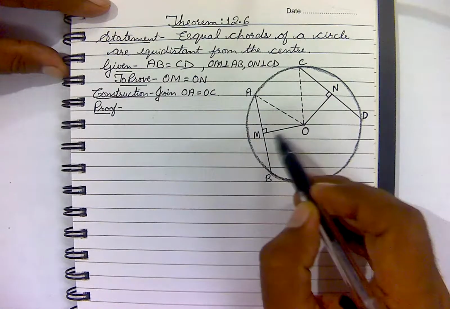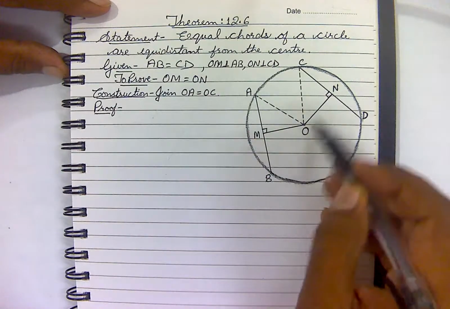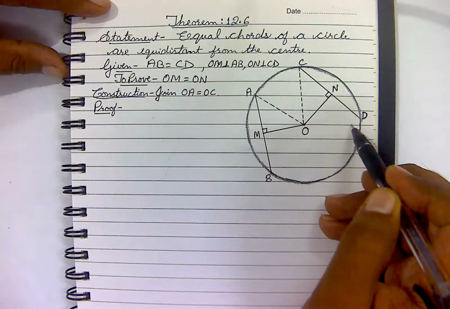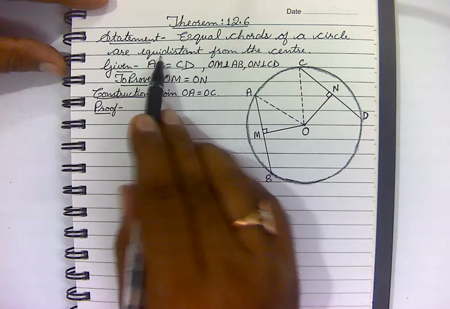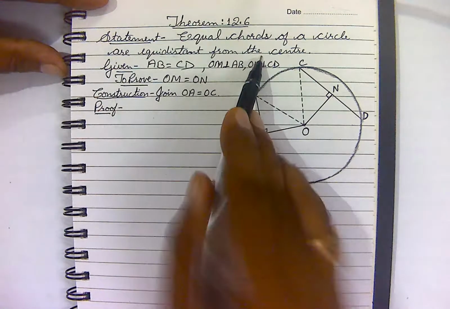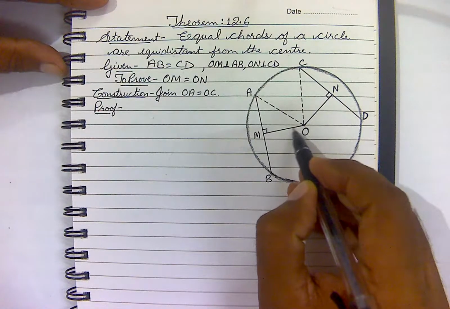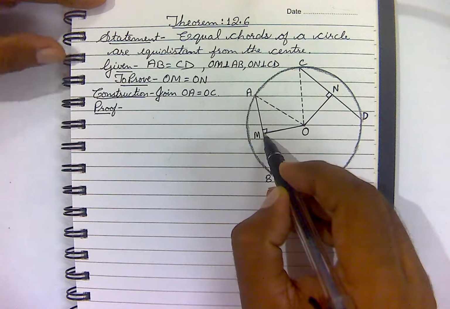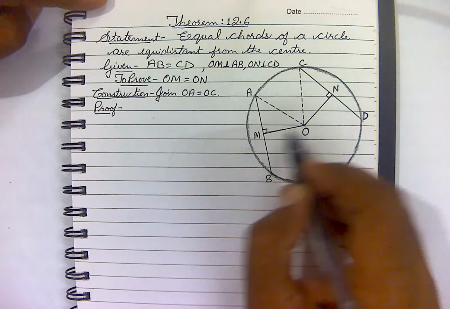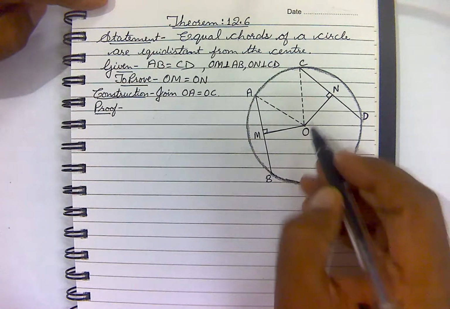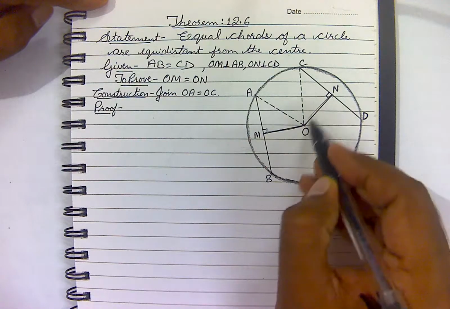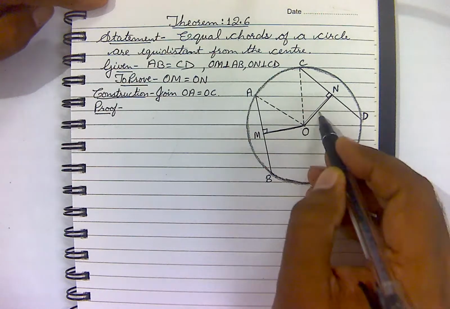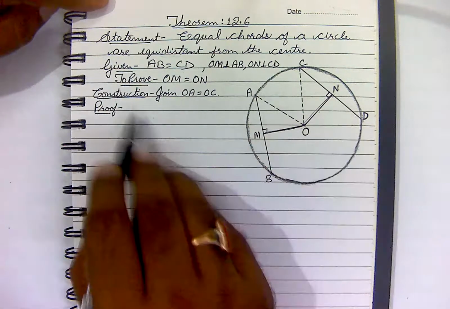Also, OM is drawn perpendicular to AB and ON is drawn perpendicular to CD. Why perpendicular? Because we need to prove that they are equidistant from the center. The distance of a point from a line segment is the perpendicular distance, that is OM and ON. So we have to prove that these two are equal.